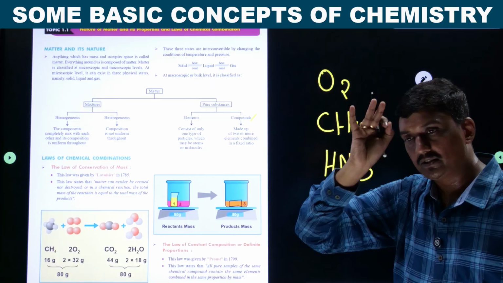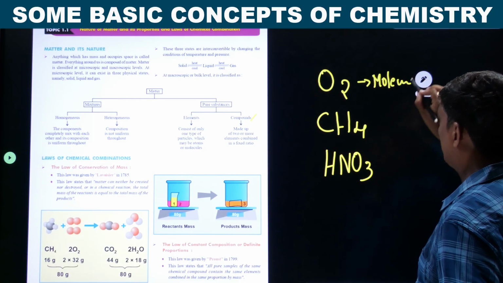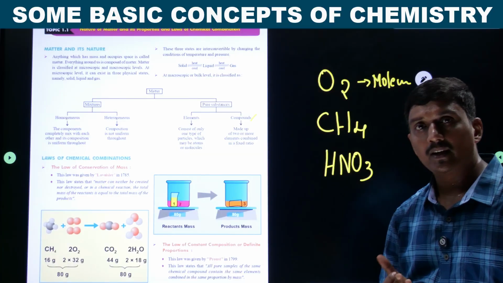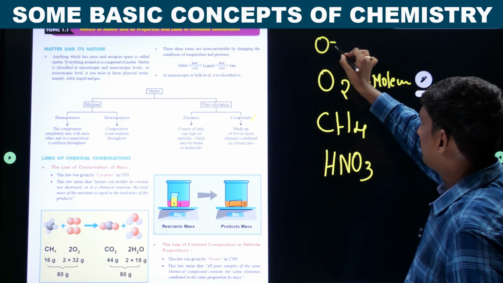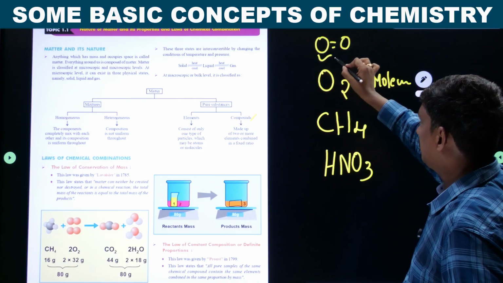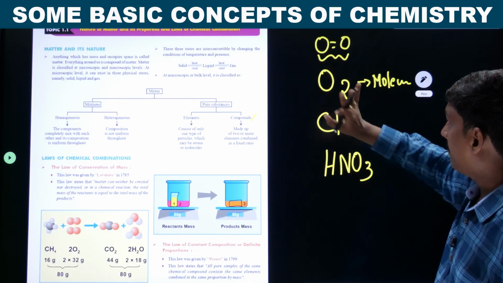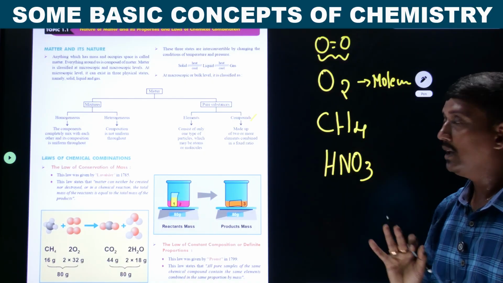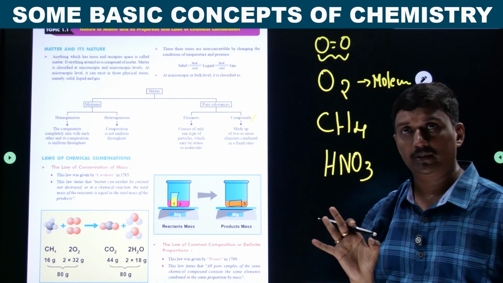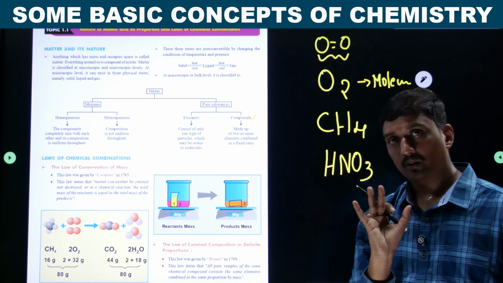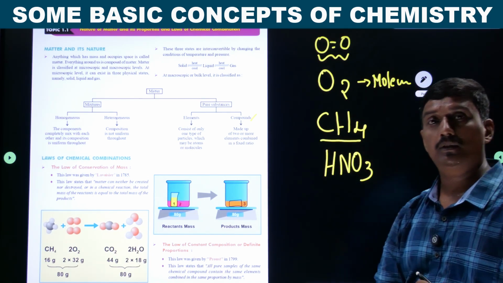It is very much clear. This is a molecule. Why are you saying it's a molecule? Because two atoms of oxygen are combined. It is an example for the element oxygen, because in this case you find only atoms of oxygen. It's a molecule.